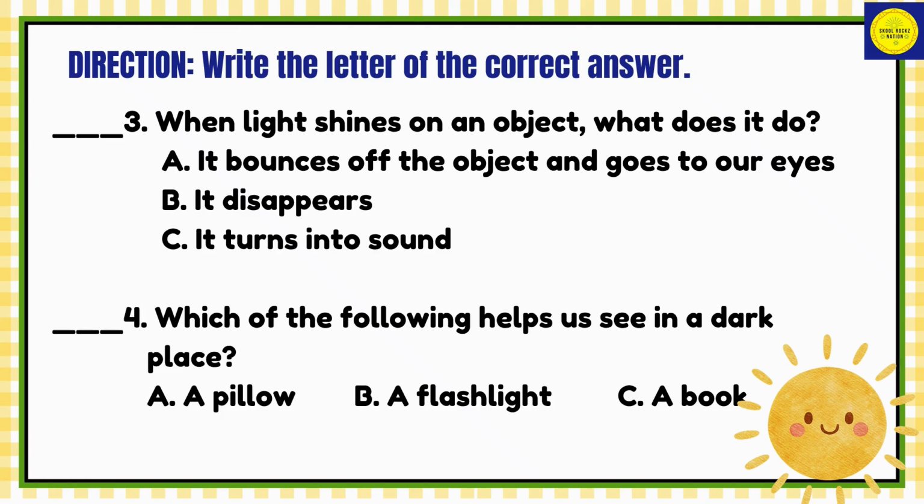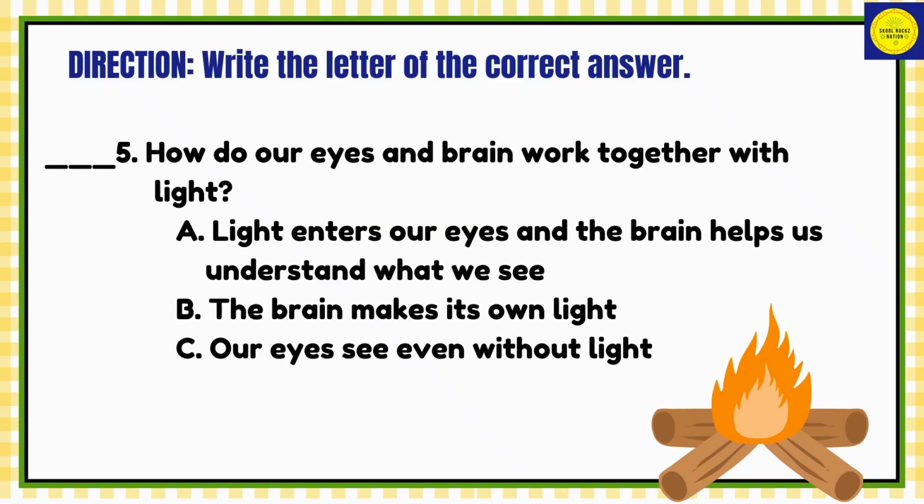B. A flashlight. C. A book. 5. How do our eyes and brain work together with light? A. Light enters our eyes and the brain helps us understand what we see. B. The brain makes its own light. C. Our eyes see even without light.